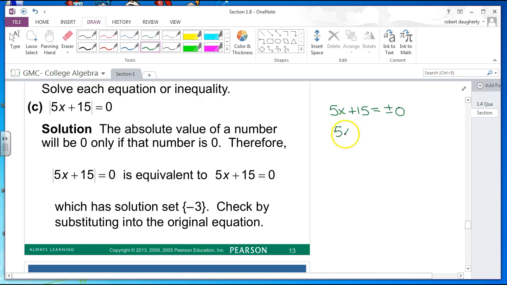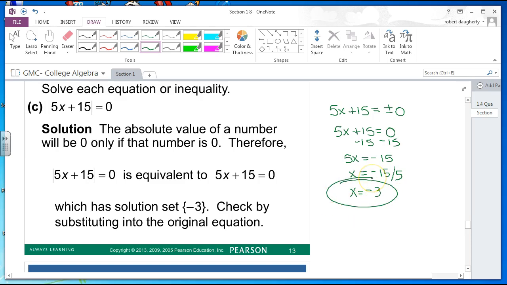So this is just 5x + 15 = 0. Move the 15 to the right. 5x = -15. x = -15/5. x = -3. So there's only one solution when you have an absolute value equal to 0.